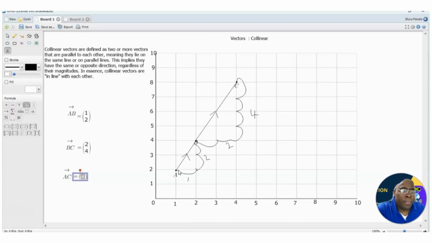Nothing to fear. Let's determine that with our pencil again.